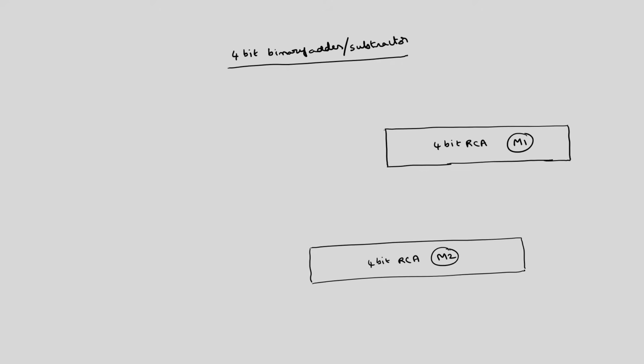Each ripple carry adder will have two sets of inputs, this is one set of input, this is another set of input, and then we have one carry in, one carry out, then 4 sum bits. This is the structure of a 4-bit ripple carry adder.